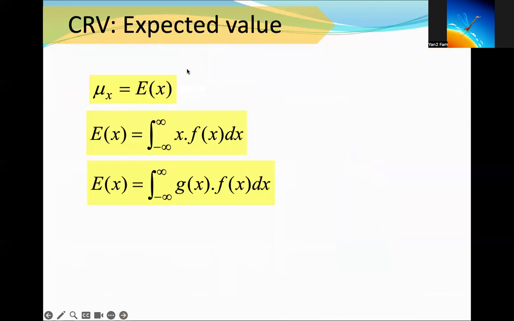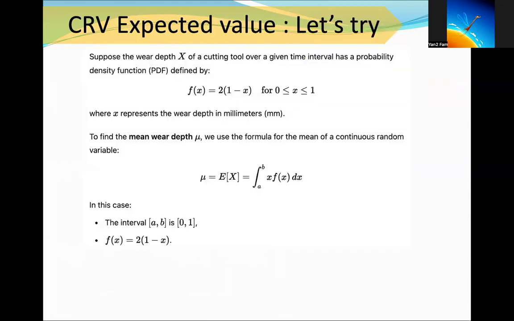Okay, next we touch on expected value. For expected value, you just add x in front and do the integration. Let's say you have two variables, you just multiply them together and do the calculation together. Let's try this.